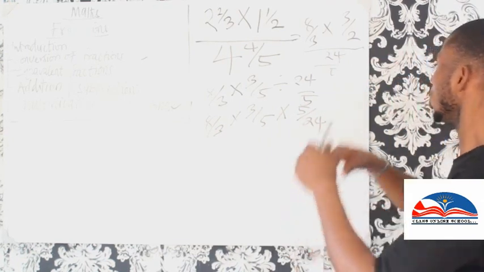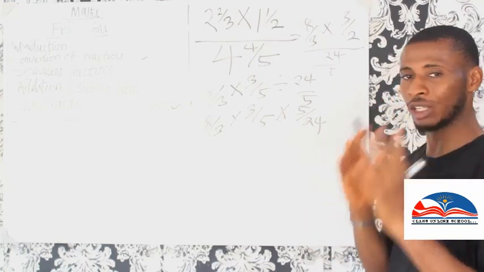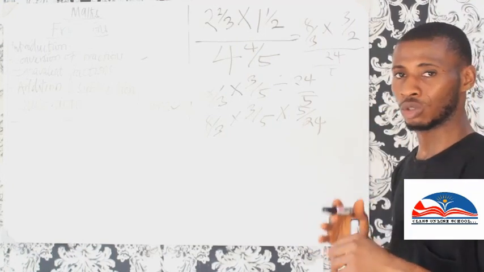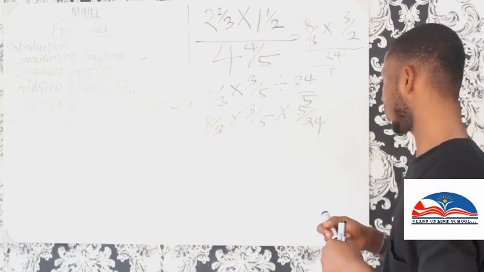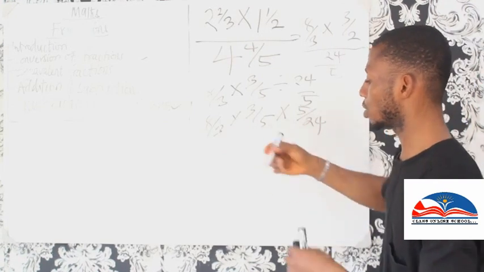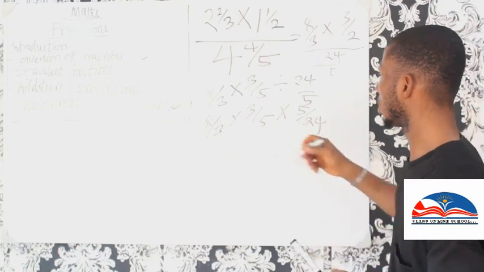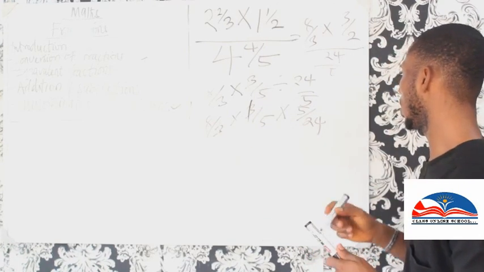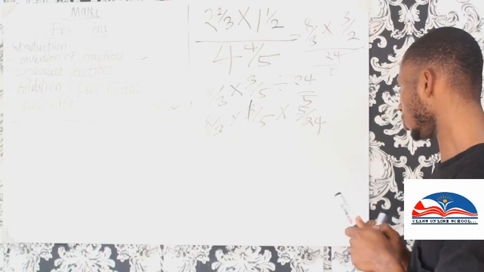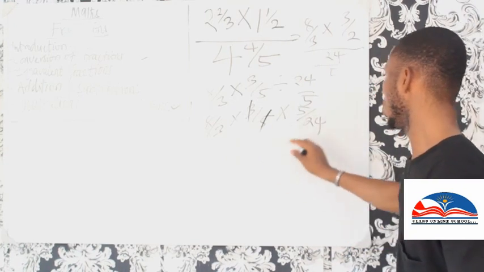What you have to do now is to make sure that you cancel properly so that you don't make mistakes. 3 we cancel 3. Then 5 here we cancel 5.